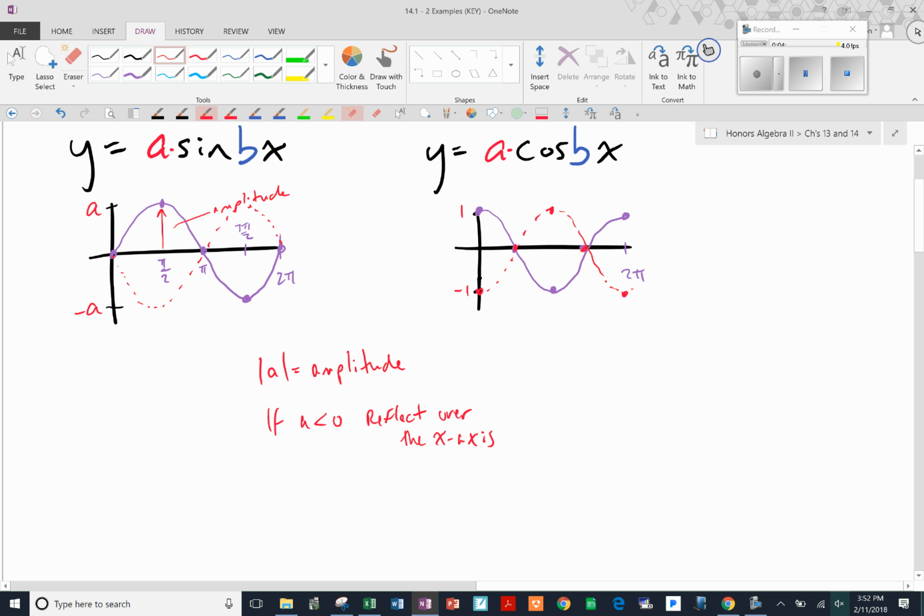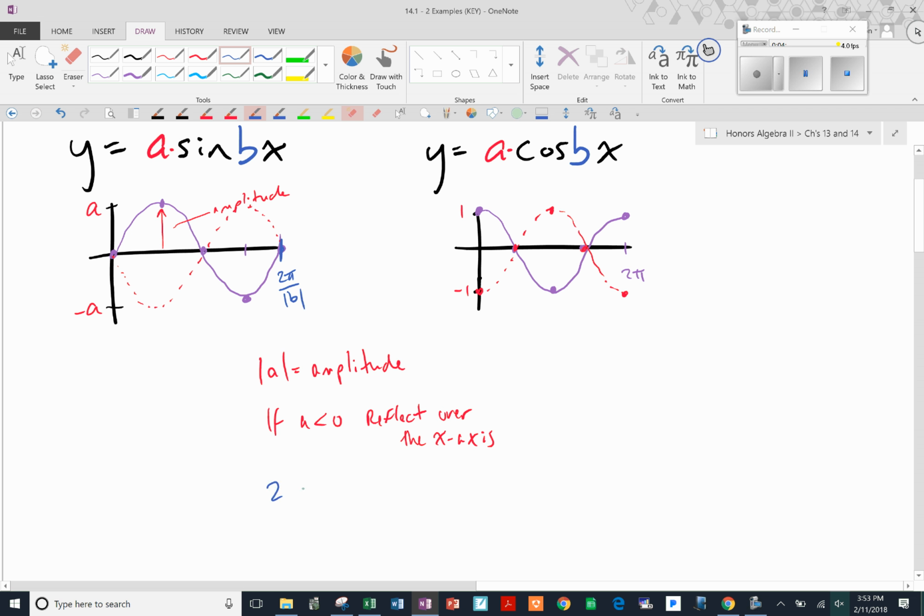Well, if b is not 1, then our period is not 2 pi. Our period would be whatever 2 pi divided by the absolute value of b is. This period would be 2 pi over the absolute value of b.